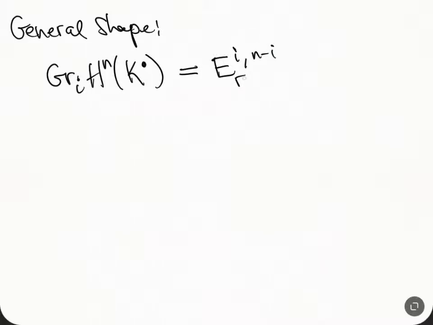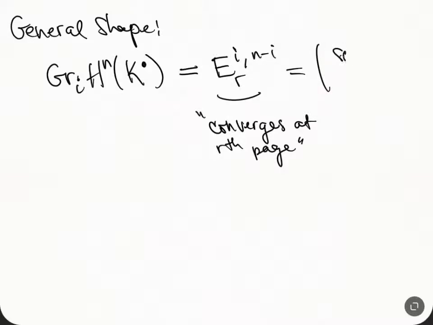This is saying it converges at level r, at the rth page, let's say. I haven't said what a page is, but these will be a sequence of objects. And then usually this is equal to something explicit. And so it's useful.